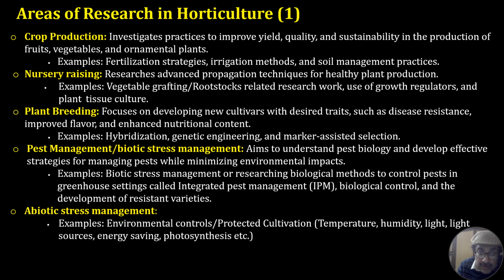Example would include environmental control or protected cultivation environment, assessing the various components of protected or environmental control environments, which may include assessing the impact of temperature, humidity, light intensity, light quality, light duration on the growth and production of horticultural crops.